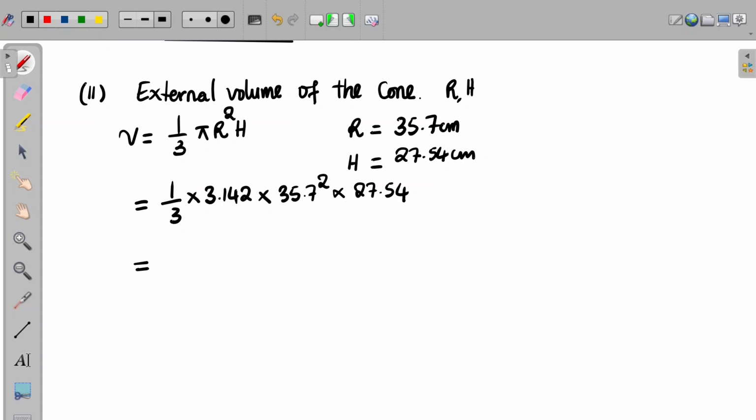I'm getting the answer like 36,760.83. So this will be our volume in centimeters cubed.